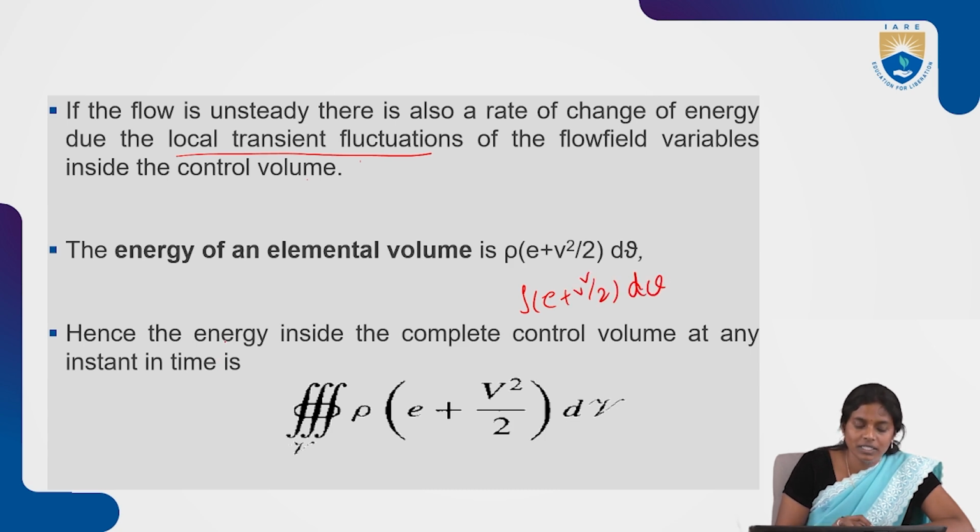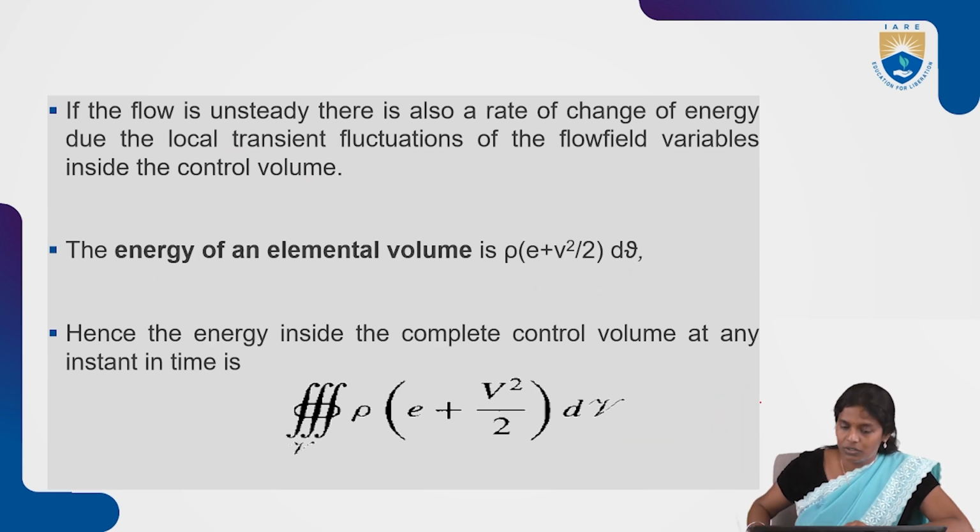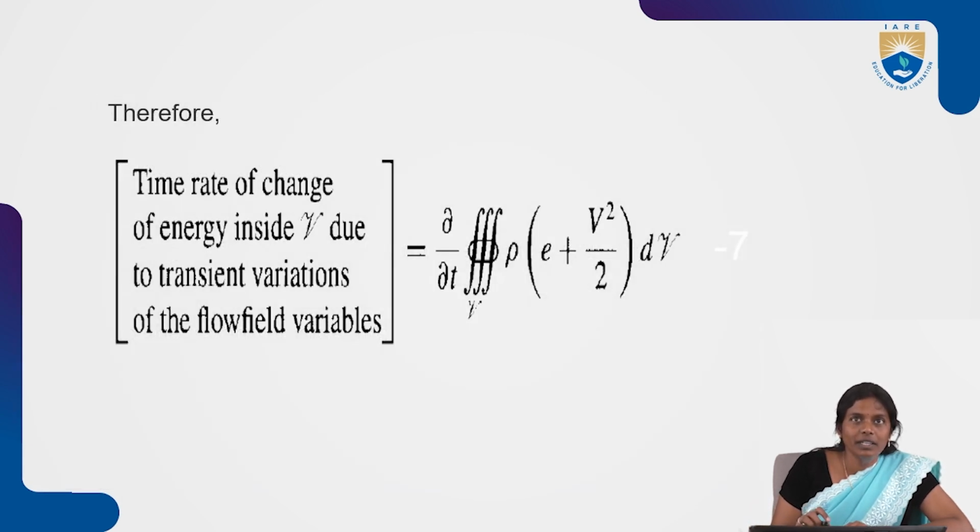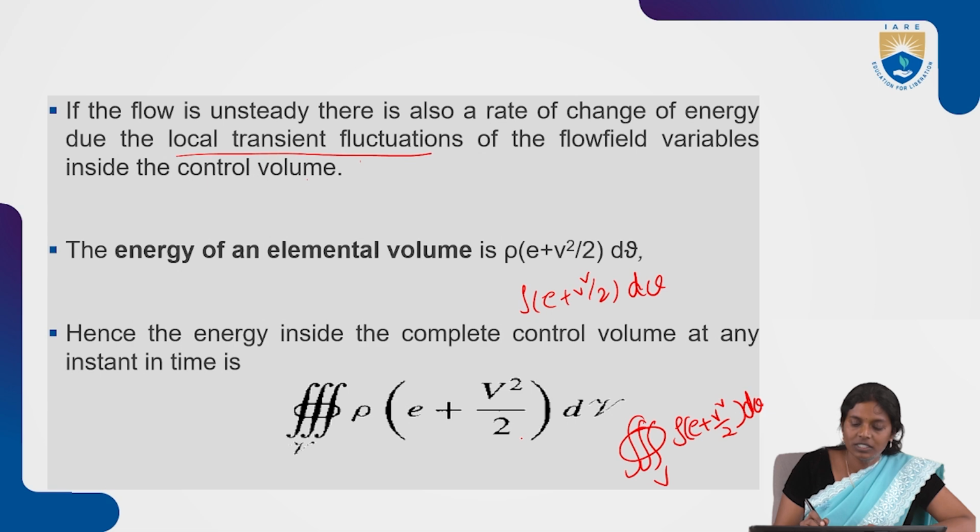Hence the energy of the overall control volume is the volume integral of rho into e plus V square by 2 into dV. So this is the total energy inside a control volume at any instant of time.